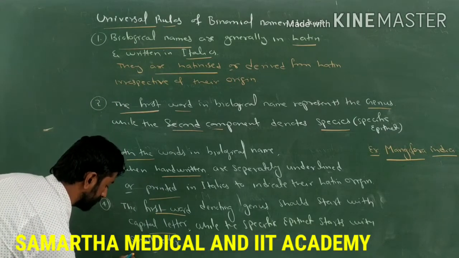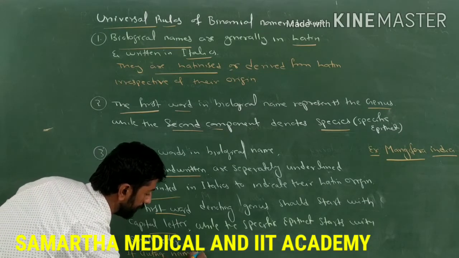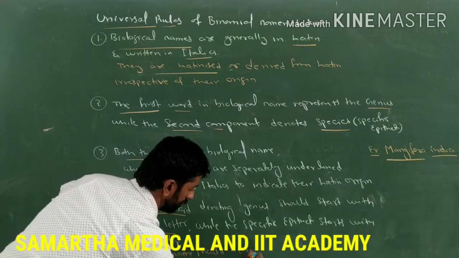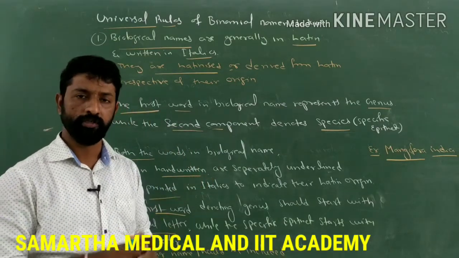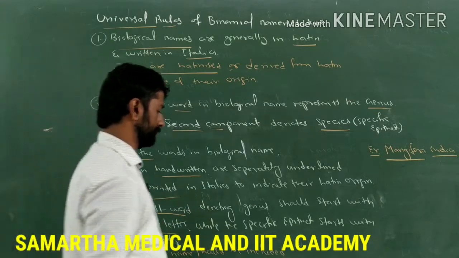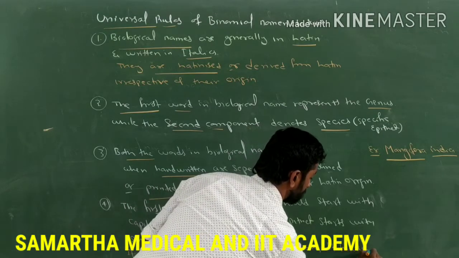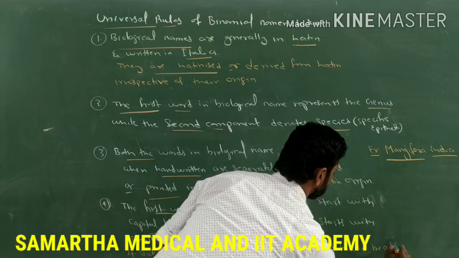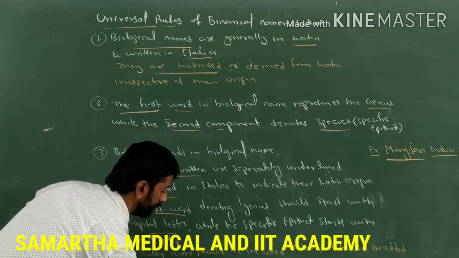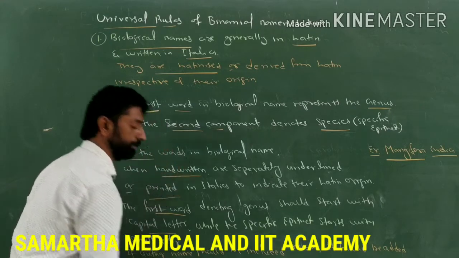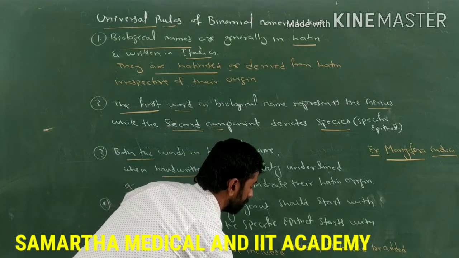So next, if the author name should be included, means the name of the one who describes that particular organism, his name or her name should be added after the specific epithet, or species name, in abbreviated form.